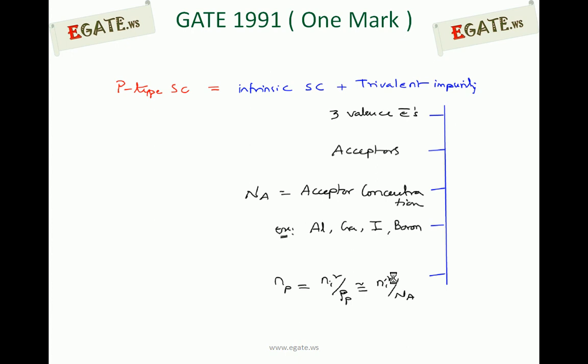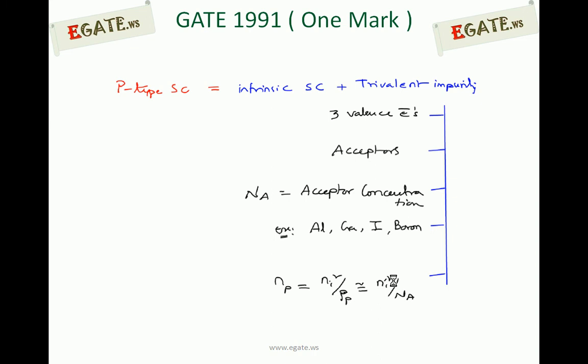Every trivalent impurity can accept one electron, creating one vacancy in the valence band. That vacancy is called a hole. The number of holes in a P-type semiconductor is exactly equal to the number of trivalent impurities you have added.